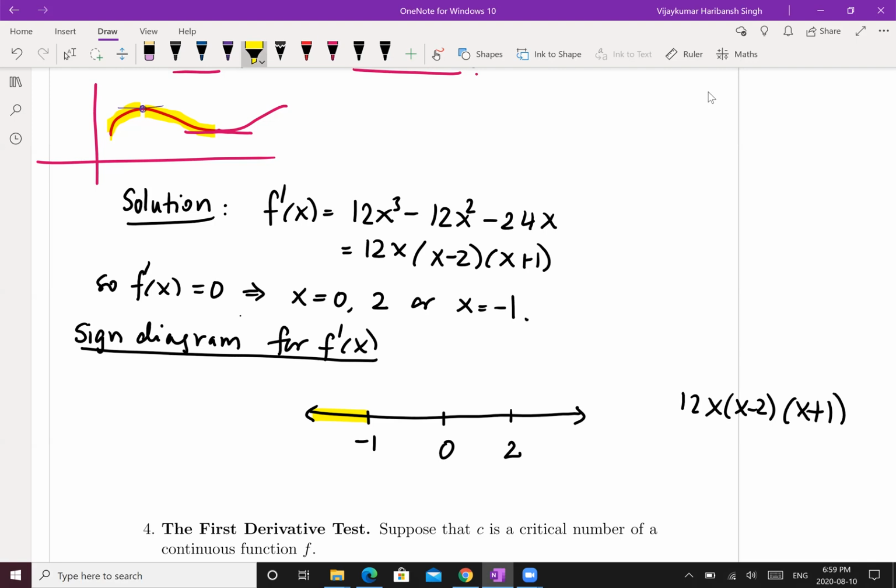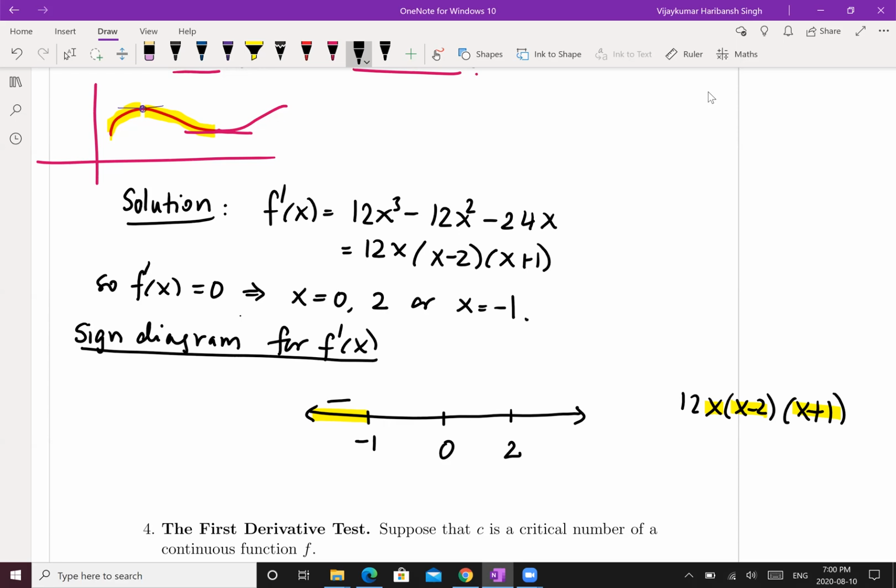Now when I put x equals minus 2, this part will be negative, and this is also negative. So when you multiply 3 negatives, you get negative. So the sign here is going to be negative.